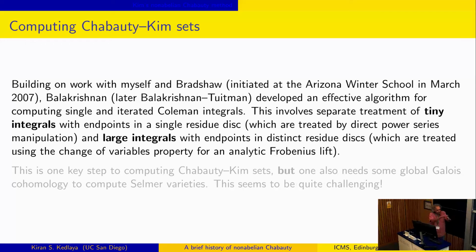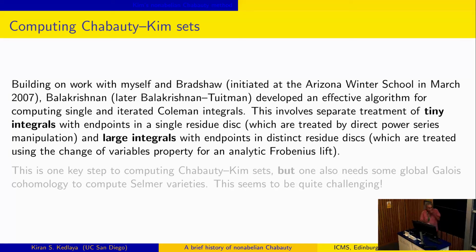That doesn't make sense when you have points with different reductions mod p. Those are the ones where Coleman's theory actually has teeth, and you understand those integrals in terms of the change of variables for an analytic Frobenius lift. That's where the heavy lifting happens, but computationally, you separate these two things.